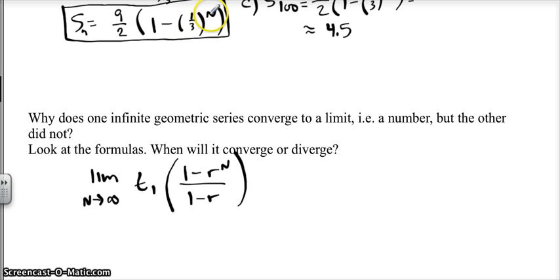If you think about that logically, this 3 to the n power is going to get exponentially large, and then your numerator, 1 to the n, is always going to be 1. So this is really just going to 0.